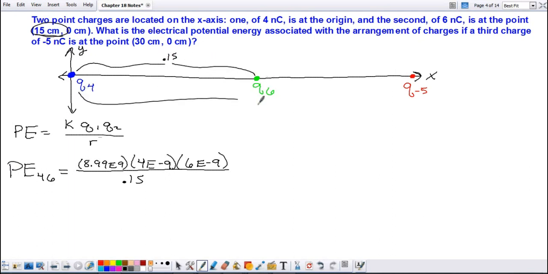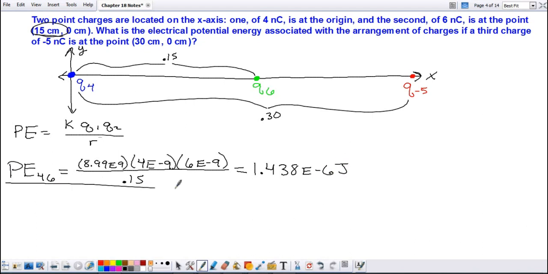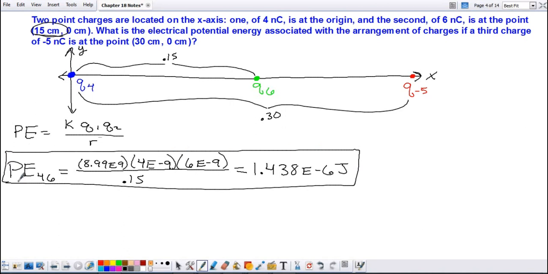The whole thing was 0.30. Type this into our calculator, and we get the electric potential energy to be 1.438 times 10 to the -6 joules. Step 1 done.